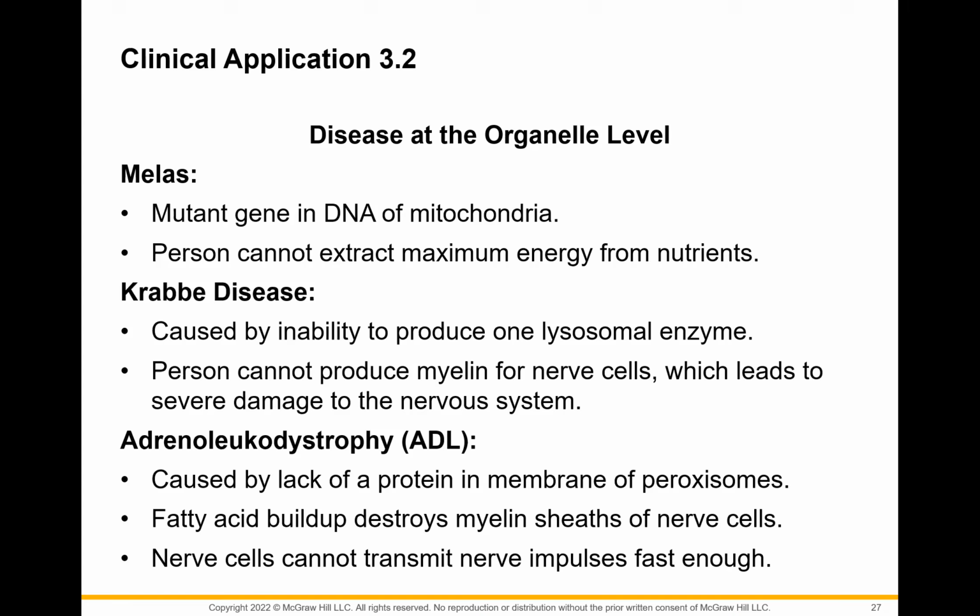And then we have ADL. This is caused by a lack of protein in the membrane of peroxisomes. So we actually have fatty acid buildup, and it can destroy myelin sheaths as well. So the nerve cells don't actually transmit fast enough, unfortunately. And again, we can see problems with nervous system dysfunction.